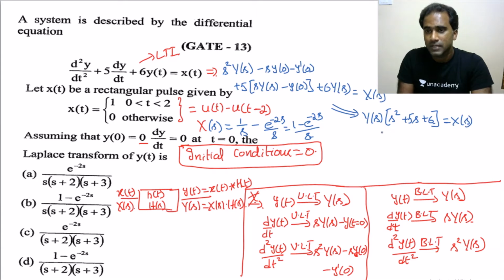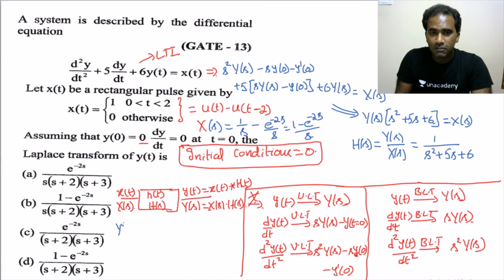If you send X of s from the right hand side to the left hand side, it becomes Y of s divided by X of s, which is equal to 1 divided by s square plus 5s plus 6. Y of s divided by X of s is nothing but capital H of s. So we got the transfer function of the system.